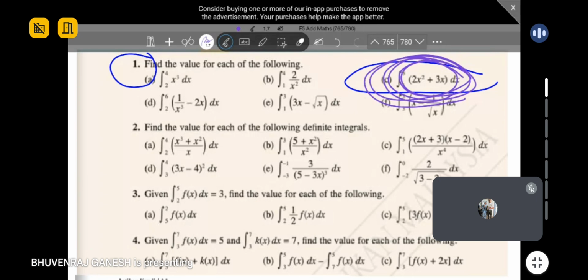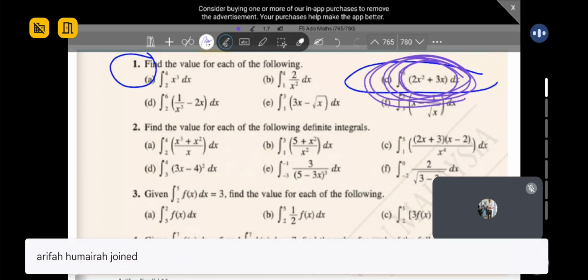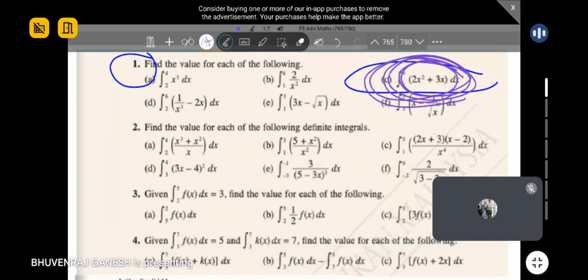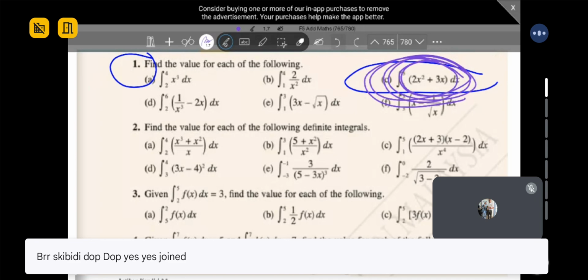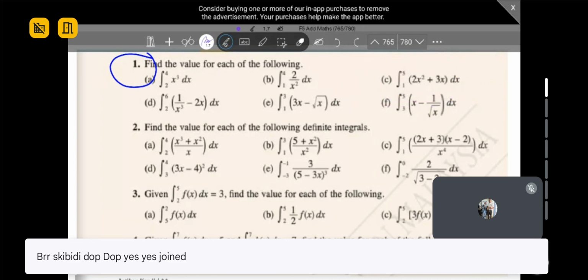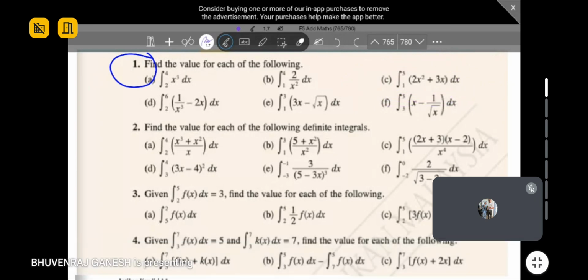Guys, adakah saya lag? Am I lagging? Cuba komen. Selepas kamu kamirkan yang ni, after you integrate this, kamu dapat apa? Hello guys. Apa jawapan kamu setelah kamirkan yang ni?